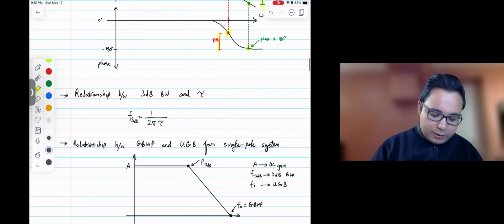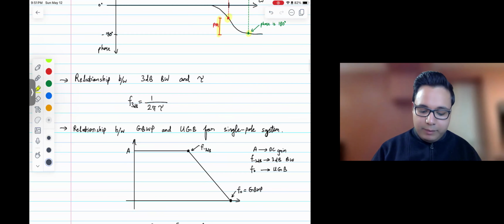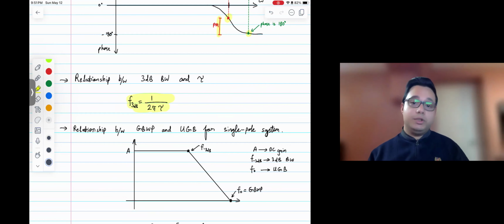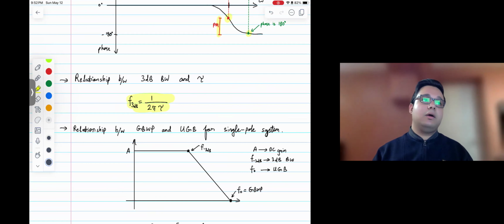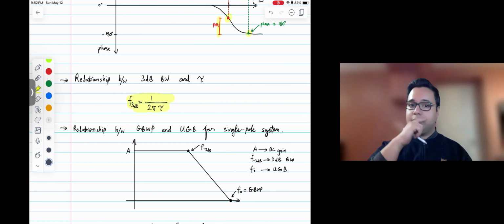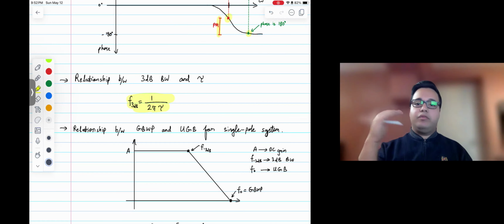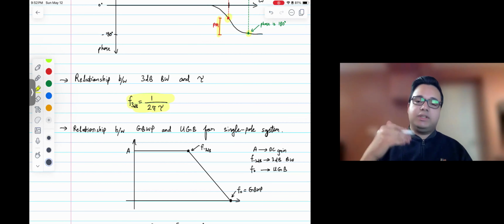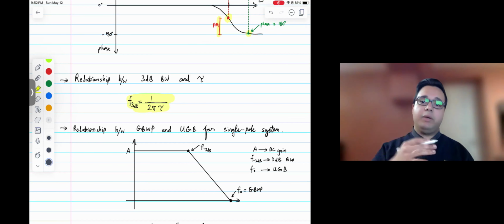Okay, so let's quickly look at the relationship between 3 dB bandwidth and tau, which is the time constant. I've seen this usually where somebody asks you what's the 3 dB bandwidth or the 3 dB frequency, and if you can see the time constant of the circuit, and you can find out the tau, then you can use this equation to find out the 3 dB frequency.